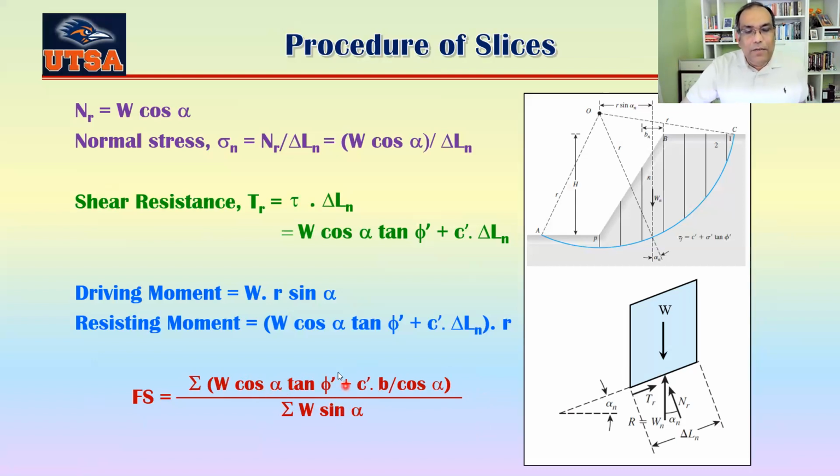Phi prime and C prime are the same for all slices because they have a homogeneous soil mass here. Then you can find out the factor of safety quite easily.